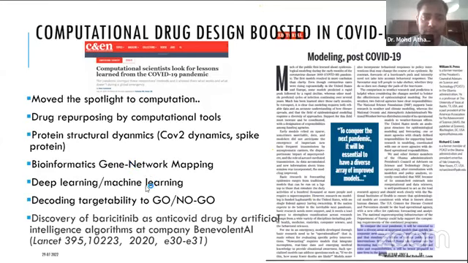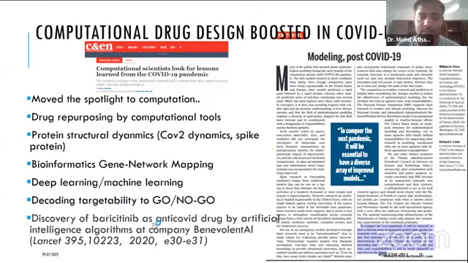Especially in computational biology, deep learning and machine learning methods are majorly implemented during this time. So we can assess the targetability of a particular target, whether we should go for this one or not. Those kinds of initial experiments we can easily do with the computational methods that we have.